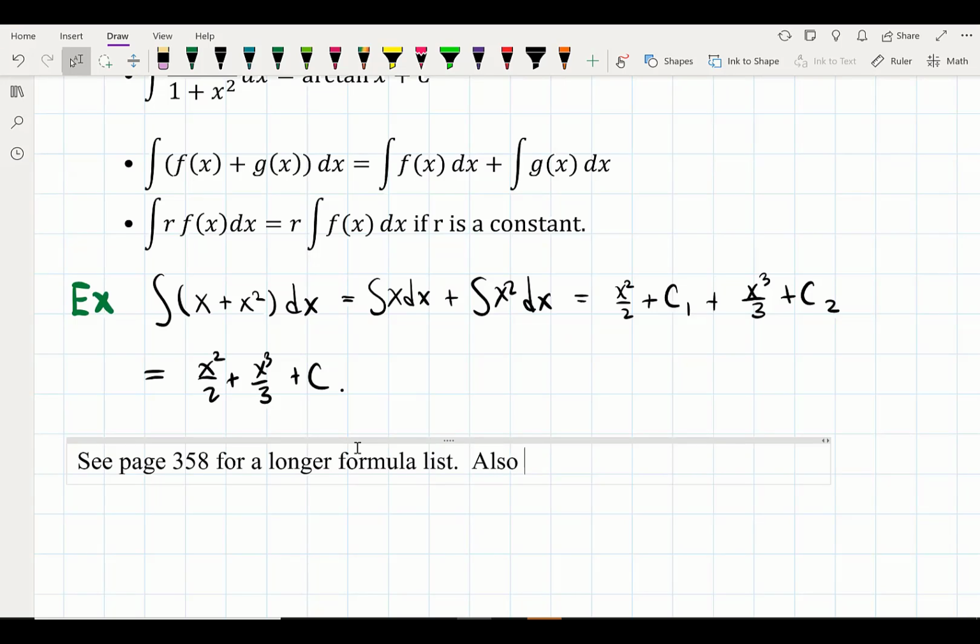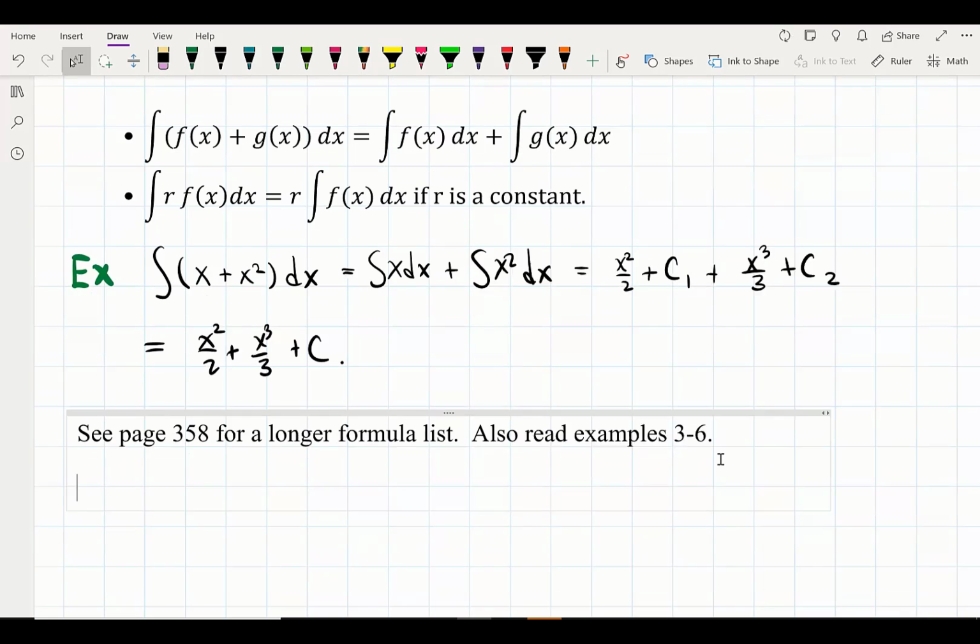Also, you should definitely read the examples in the book. I'm not going to have time to do every possible type of example in this class, so you should definitely read examples 3 through 6, for example. Read those examples that are in the text.